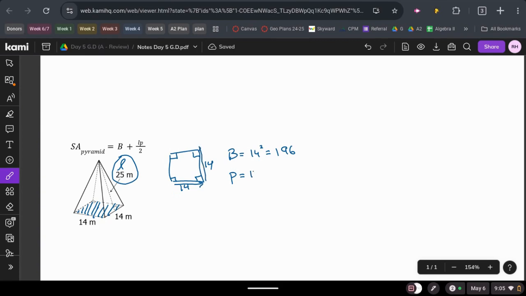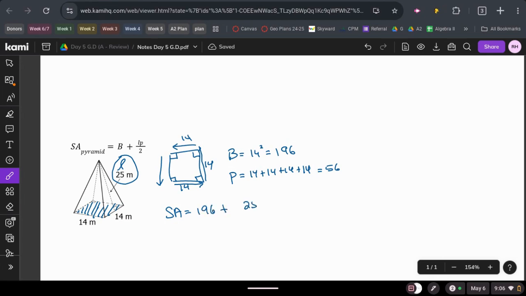I've only gone 14 and 14 so far, but there's 2 more sides to include. And since this is a square, we're going to go another 14 and one more 14. So this is 4 14s, and that would be 56. Again, no calculator.